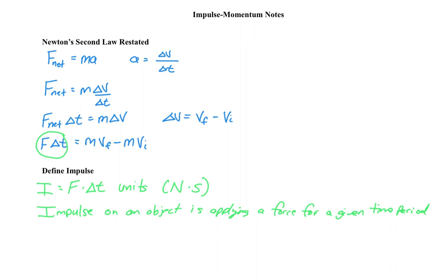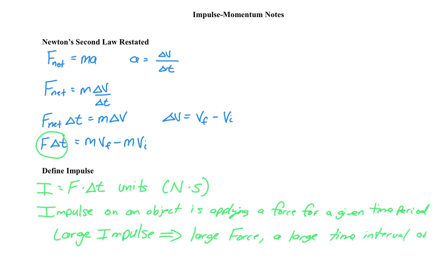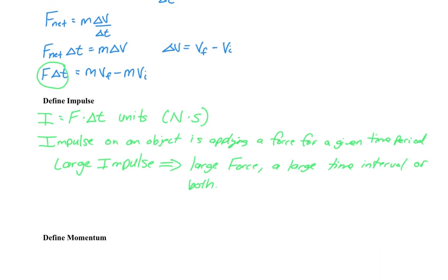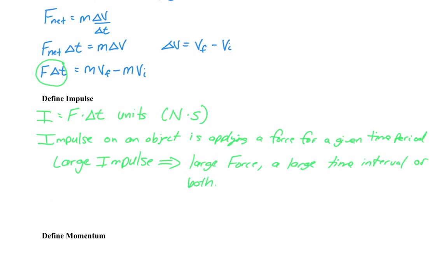So if we have a large impulse, that means that we have a large force applied over a large time interval, or both. I could have a large force over a small time. I could have a large time interval but a small force, or I could have both, and that would result in a large impulse. So that's the first thing that we're going to define from our rewritten formulation of Newton's second law.